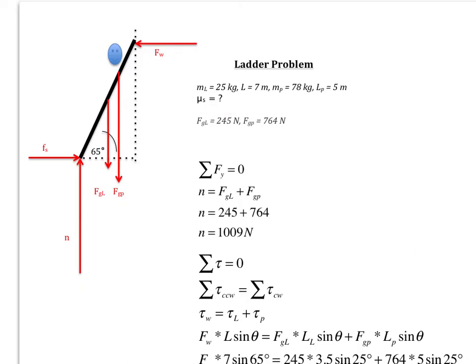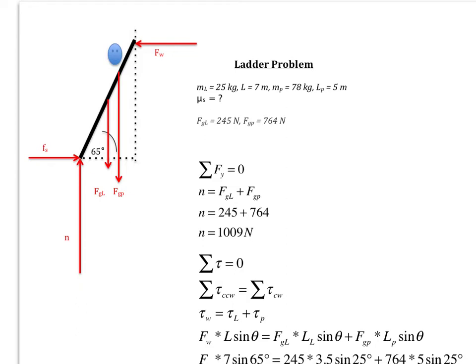So to find that, of course, we need to know the normal force, which we can find in the y-axis, and then the static friction, which we can find in the x-axis. Because this is all in equilibrium, static friction will equal the force of the wall, and the normal force will equal the sum of the weights in the y-axis.